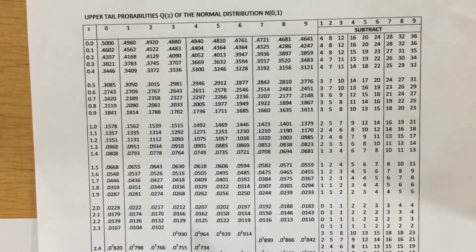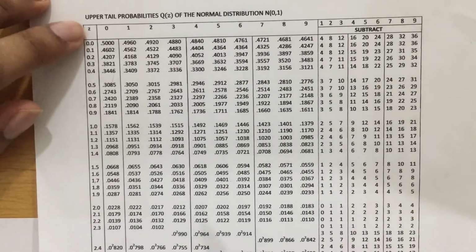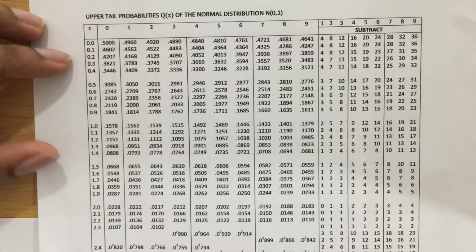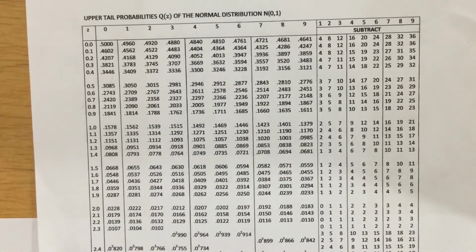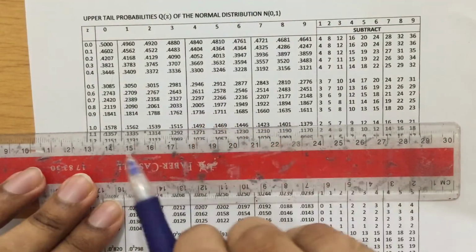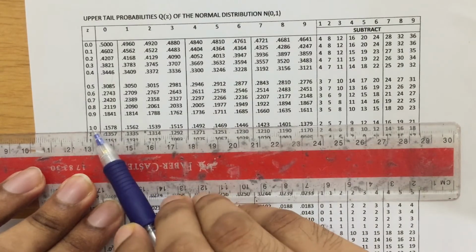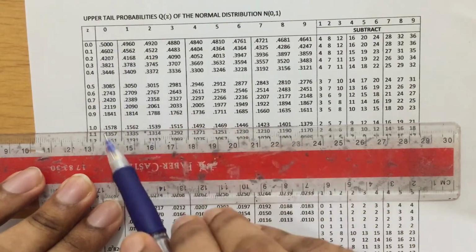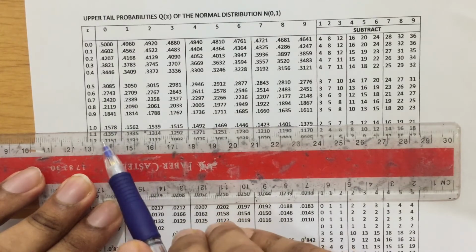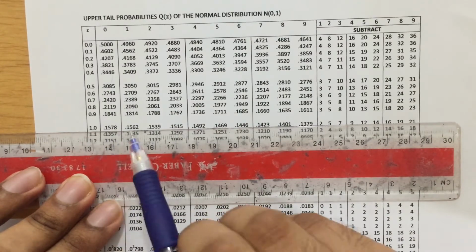Can you see at the left hand side? This is your z value, guys. So can you see 1.0 somewhere over here? If you look closely, this is your value of 1.0, guys. So your 1.00 is actually 0.1578. This is the area of your probability, guys.